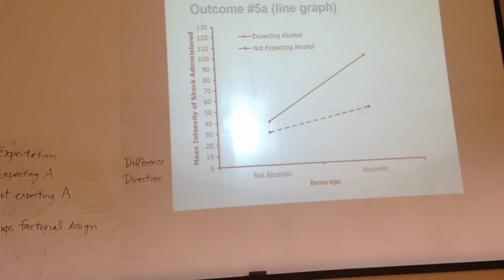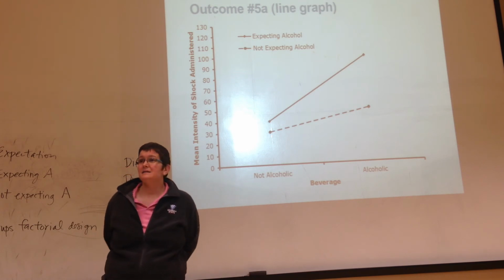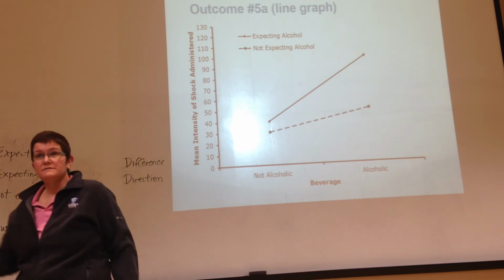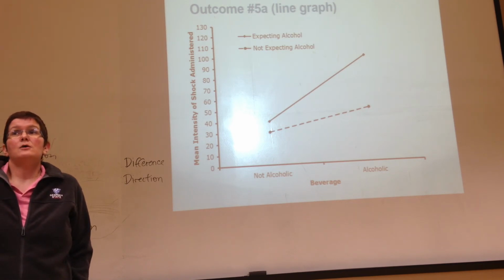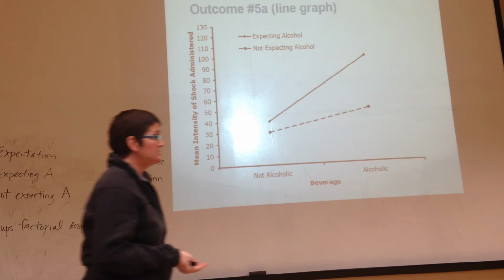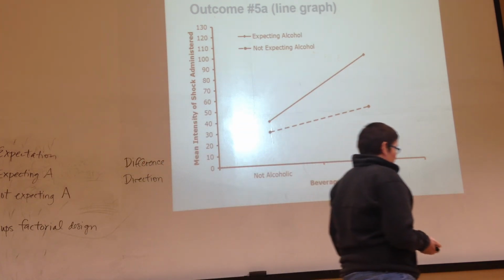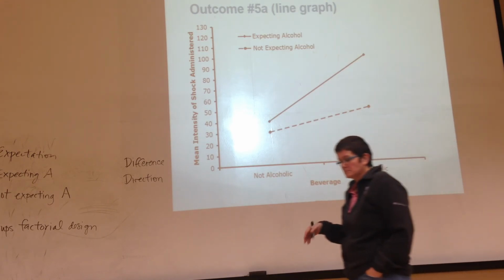Now, given that there's an interaction, that's going to mess a little bit with the cues that we use to figure out main effects. So we want to definitely be cautious when we describe the main effects, if there are any, because it's possible that any main effects we observe are artifacts of the interaction.